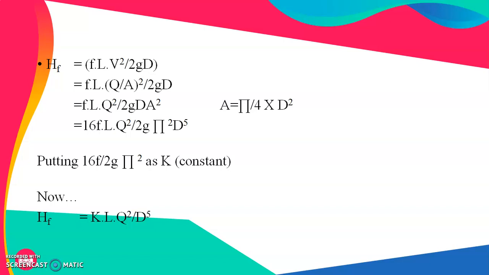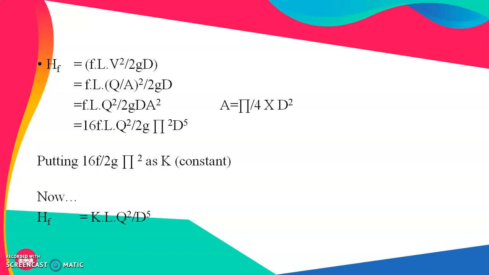The numerical value of certain things will remain constant, and those will be 16F upon 2G pi square. So we are replacing this particular small thing in terms of K, and so the final equation of head loss becomes KLQ square upon D raised to 5.